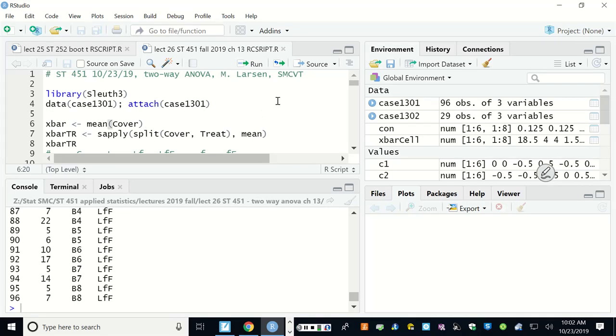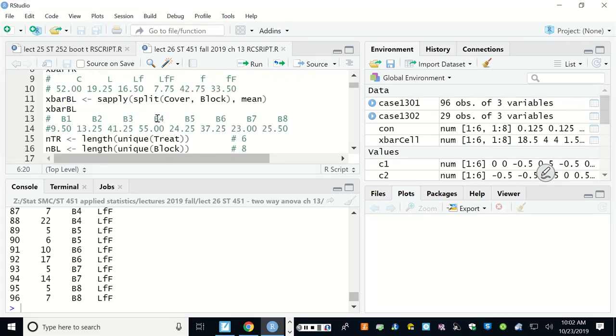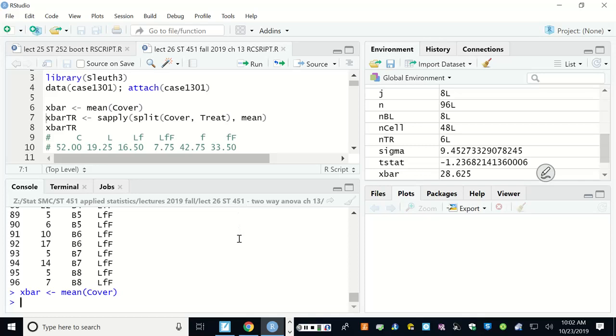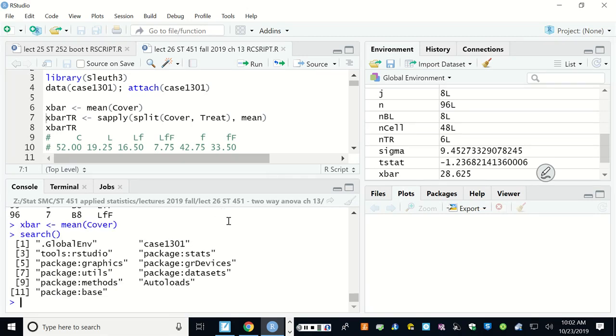So we might look at the averages overall. The overall average is 28.625. Right, so that's percent cover with seaweed. If we have attached the data set, you can see what's kind of there.